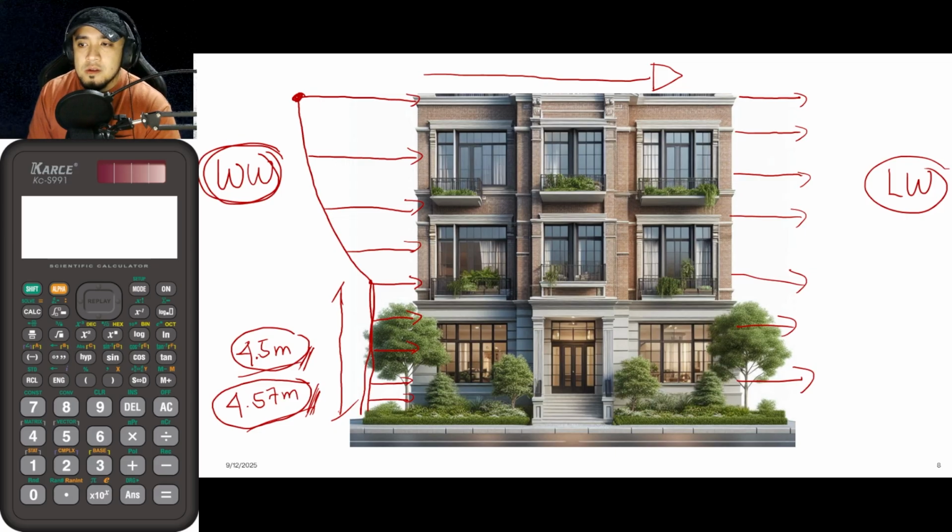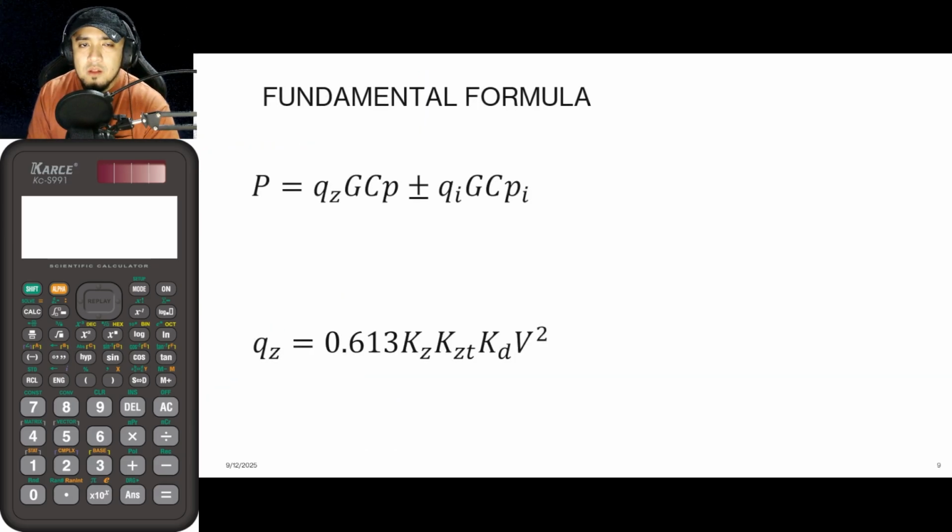So for the fundamental formula for the directional procedure, it would now look like this. These two are our main fundamental formulas for wind load pressure. The wind load analysis formula using the directional procedure is rather straightforward.